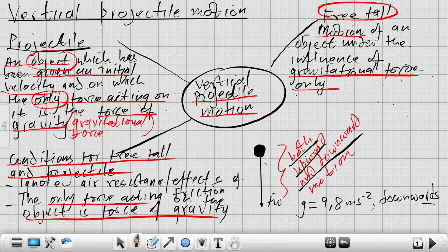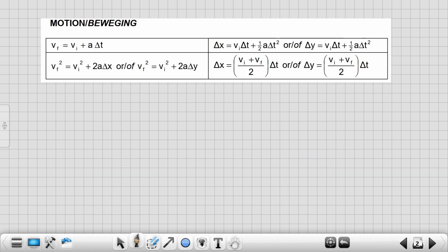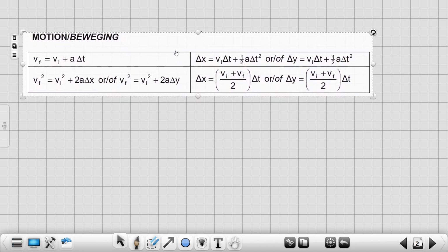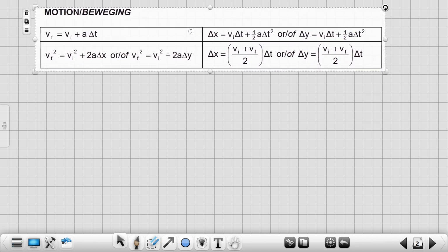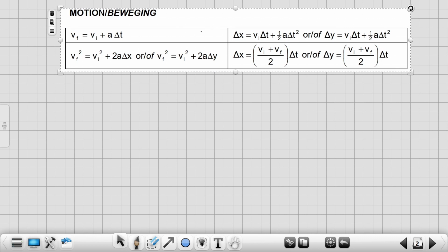equations of motion. These are the equations of motion that you find in your formula sheet. When you look at these equations of motion, these are tools that are going to assist us in calculating whatever is being calculated.